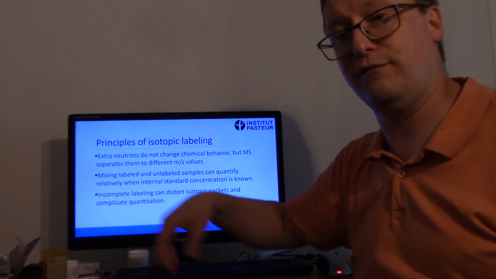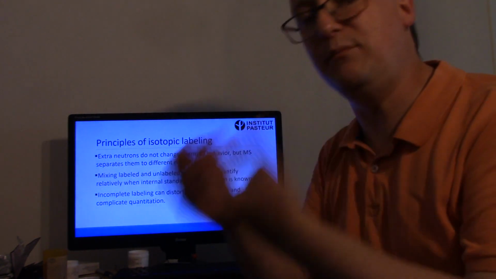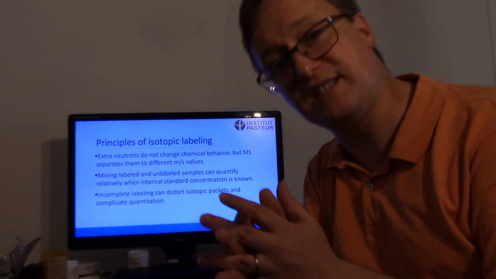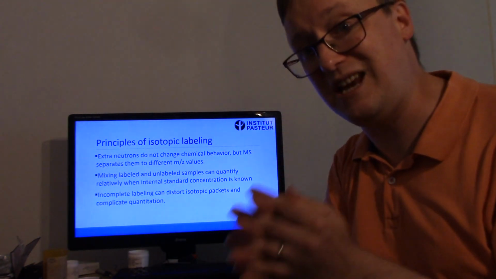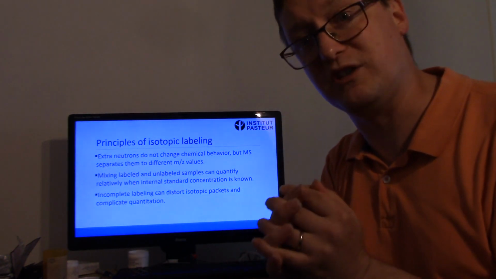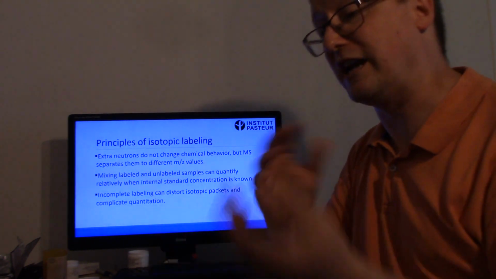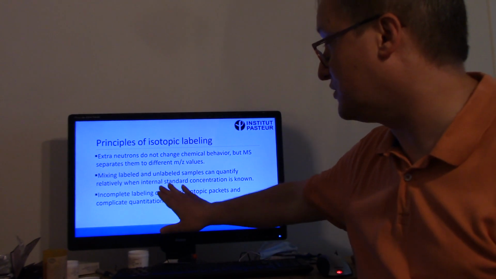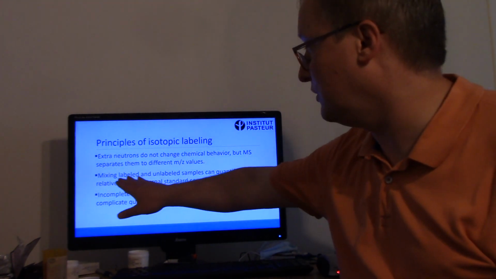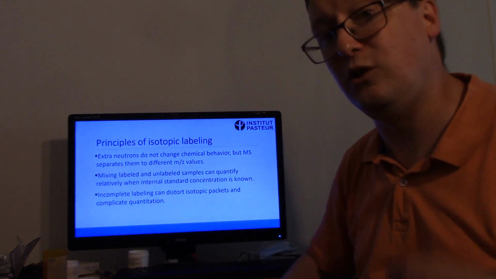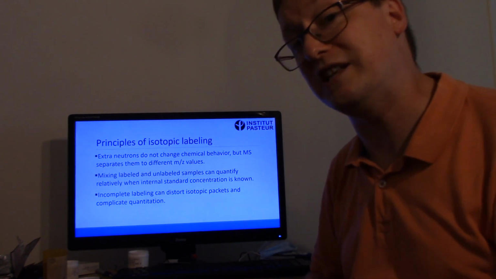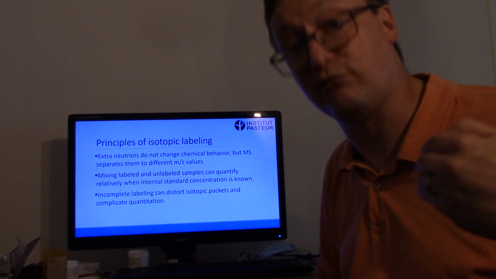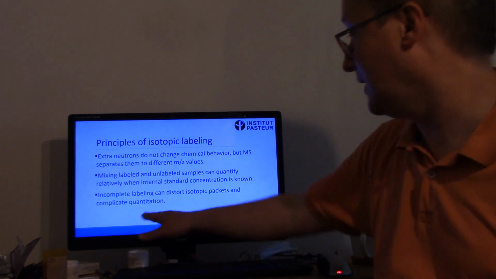So if I have a labeled sample and an unlabeled sample, I can mix them together and run them in the same tandem mass spectrometry experiment in order to provide data that combine the aspects of both. So if you have an internal standard that you are using in labeled form, you can add that internal standard to lots of unlabeled other samples and use it as a point of reference for quantitation.